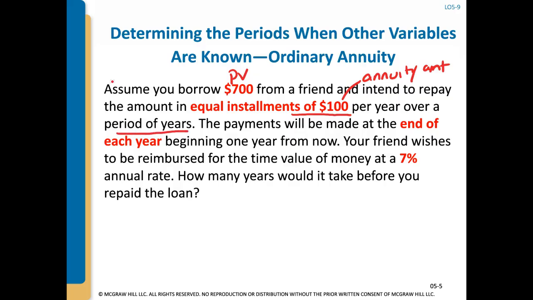The payments will be made at the end of each year, so we're dealing with present value of an ordinary annuity beginning 1 year from now. Your friend wishes to be reimbursed for the time value of money at a 7% annual rate. How many years would it take before you repaid the loan?